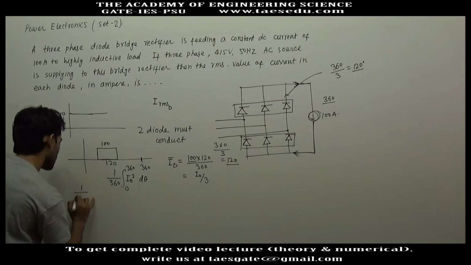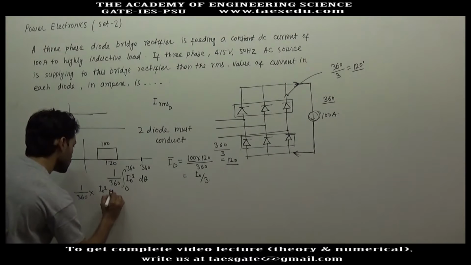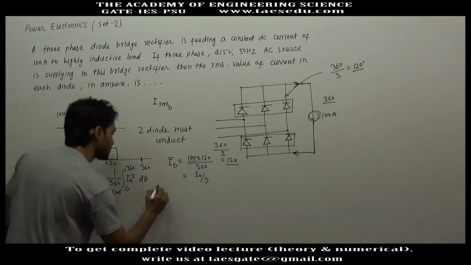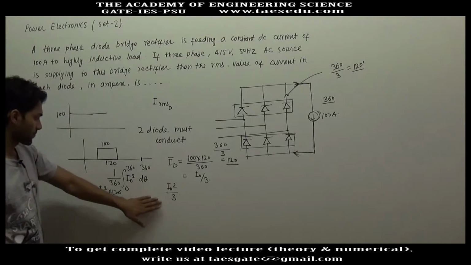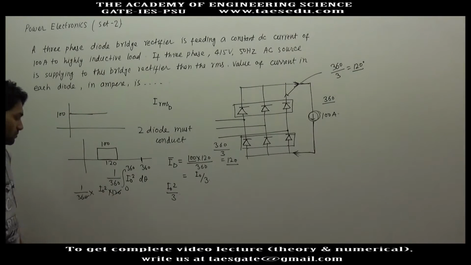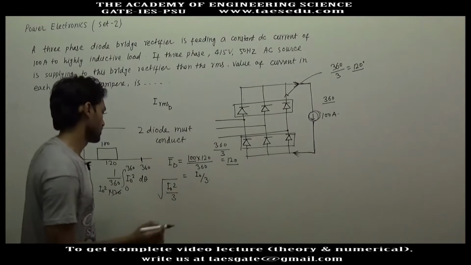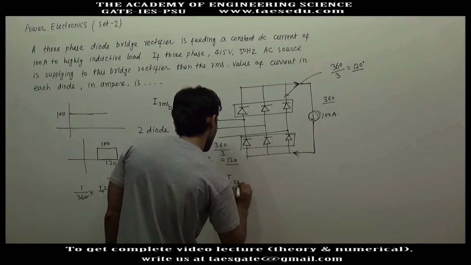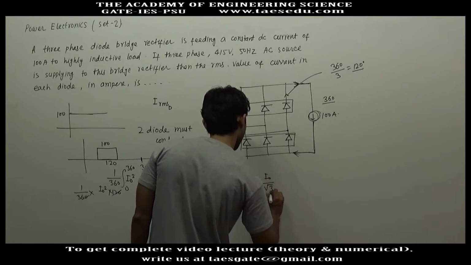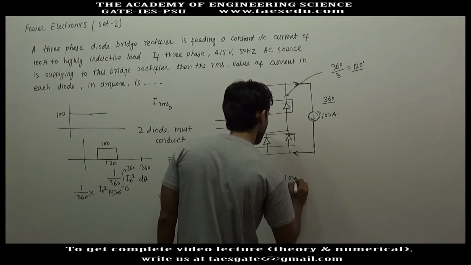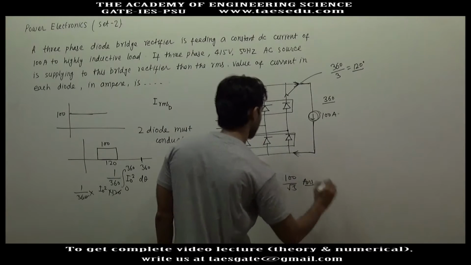This will be 1 by 360 into I naught square into 120. This will be I naught square divided by 3. This is the mean square value, and if you take the root of this quantity, you get the root mean square. So IRMS through the diode will be I naught divided by root 3. I naught is 100 ampere divided by root 3. So this will be the answer.